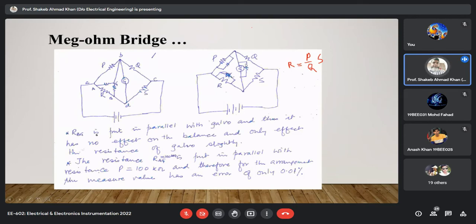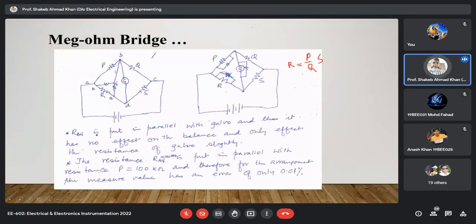Now this is 100 mega ohm, this is 100 mega ohm, this is 100 mega ohm. We are interested in finding out the value of R, not RAG and RBG.